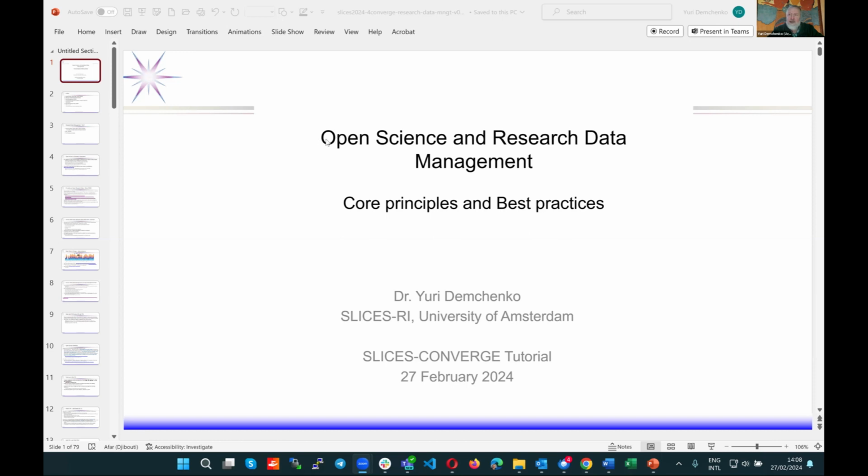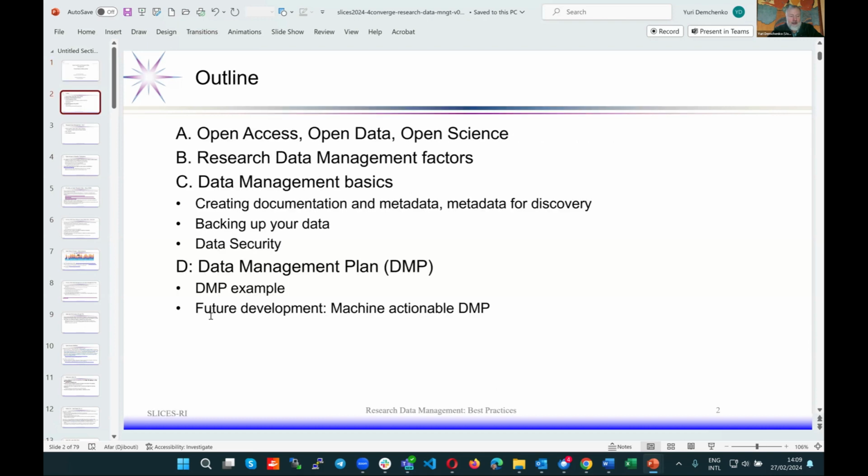Not because it's challenging in, say, a heavy intellectual sense, but because it's a demand of the community. And strangely, while working on different projects, I acquired some knowledge that I am happy to share. And by the way, the theoretical aspects in this area of data management, especially for new topics like machine actionable DMP, which we will discuss at the end if time allows, are also quite challenging issues in the sense of research.